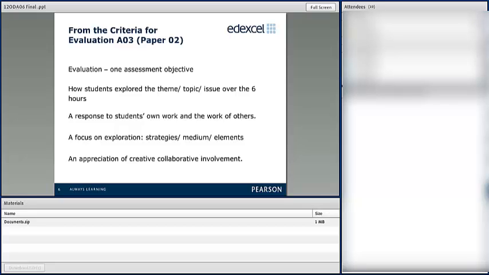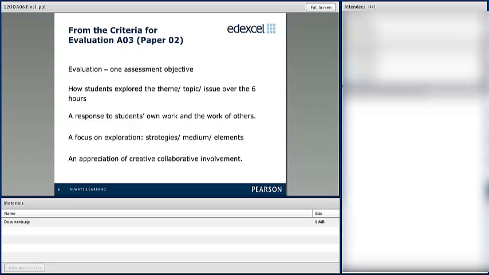Sometimes students write about collaboration in terms of who had a music lesson every Tuesday at 10 o'clock and was always late to drama, and who was always absent because they weren't very happy at school in year 11, or so on. So make sure that those collaborative comments are focused on the collaborative process of exploring the theme, topic, or issue. I know it sounds obvious, but students do sometimes drift off, and as I said before, our job is to drag them back to the focus of the unit.